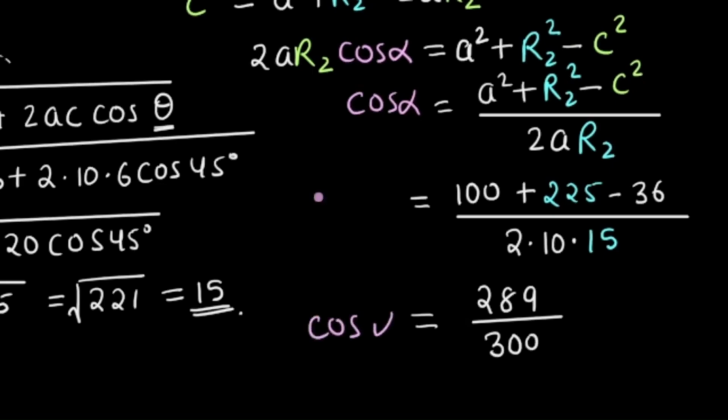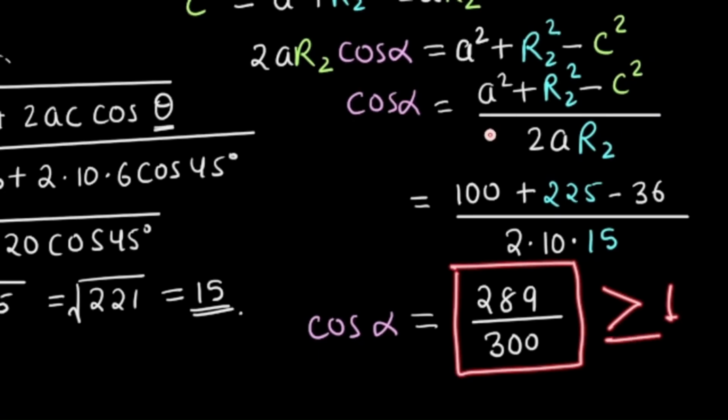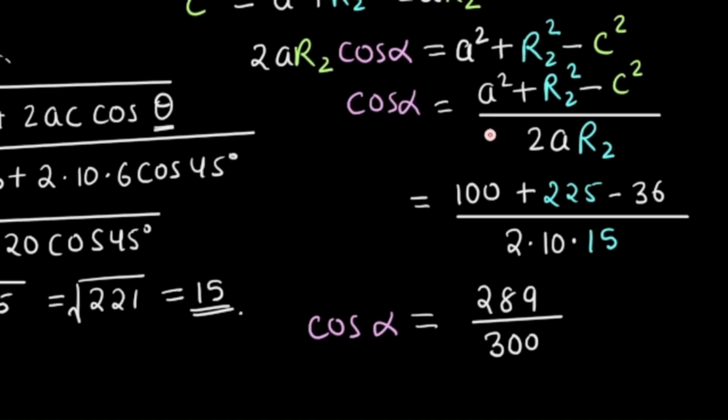We have cosine alpha. Now here, if you ever get this fraction on the right hand side to be greater than 1, then you should immediately know that you have made a mistake. Why? Because cosine alpha, its value lies between -1 and +1. It will never be less than -1 and it will never be greater than +1.